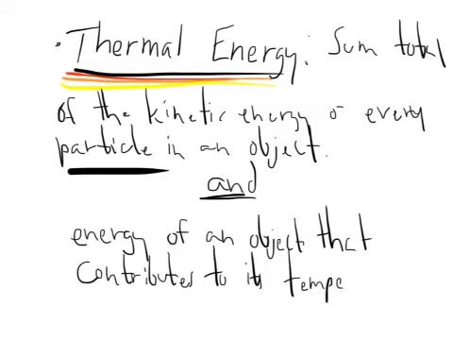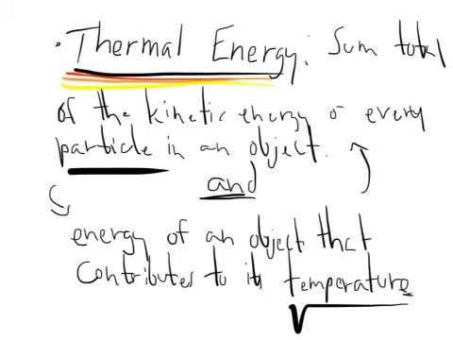So here we're starting to hear some familiar terms. We all pretty much know what temperature is. We've all used thermometers. What I'm showing here is that these definitions are really kind of one and the same. So that suggests that temperature is very closely related to the movement of the particles in an object. And it's something we'll get into more detail on when we actually define temperature in another slide. But it's something to think about.